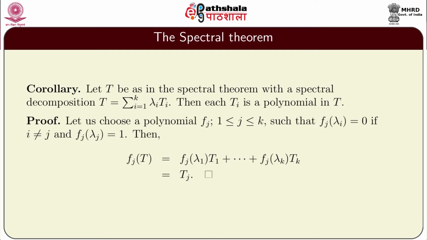Then if we take fj of T, the polynomial expression in T given by the polynomial fj, it is nothing but fj of lambda 1 T1 plus so on plus fj of lambda k Tk, and that is the same as Tj, because fj of lambda i is 0 whenever i is not equal to j, and only fj of lambda j is 1, therefore only Tj survives.